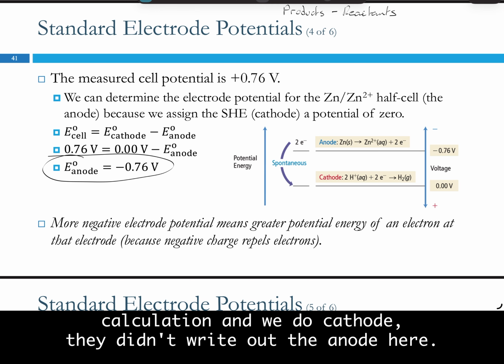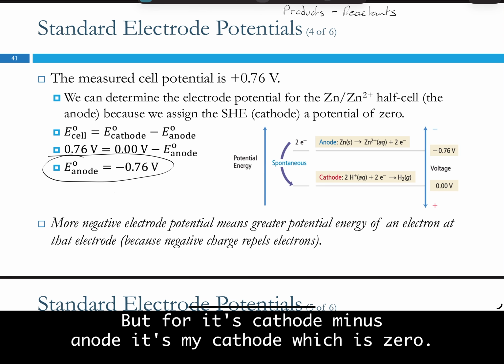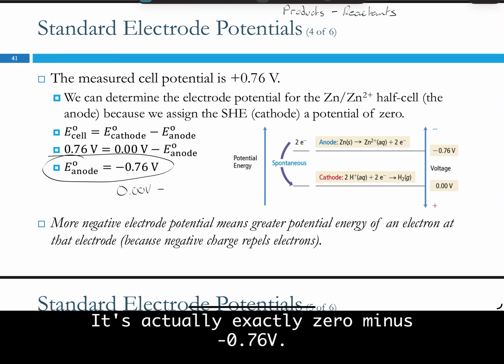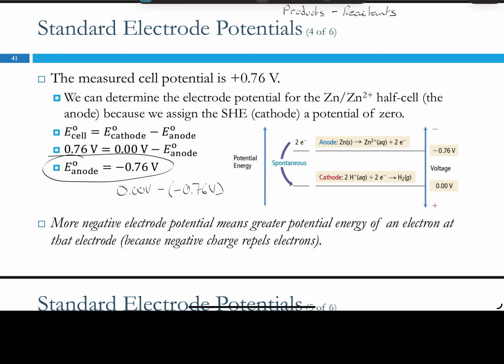Because when we do this calculation, they didn't write out the anode here, but it's cathode minus anode. It's my cathode, which is actually exactly 0, minus negative 0.76 volts. So that equals an E cell, which is a positive 0.76.